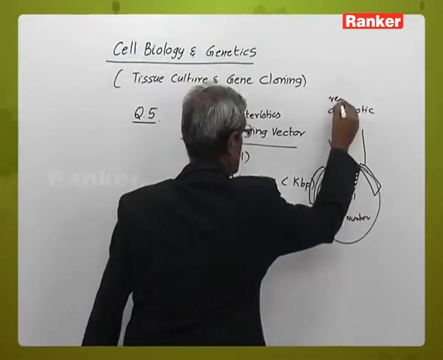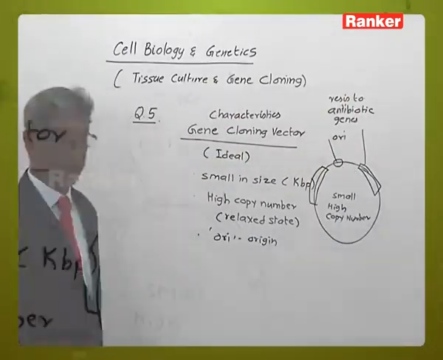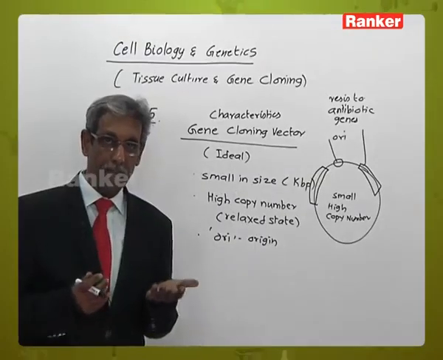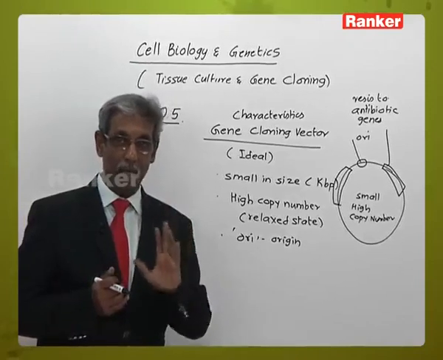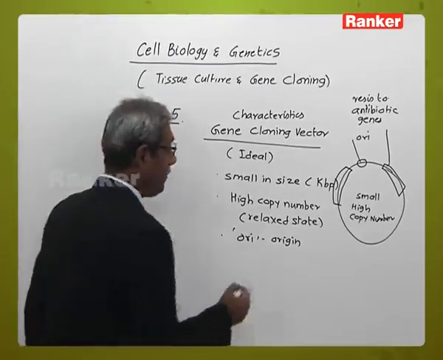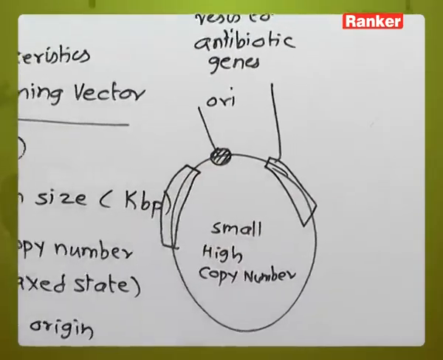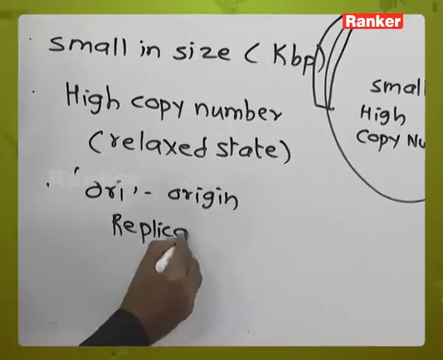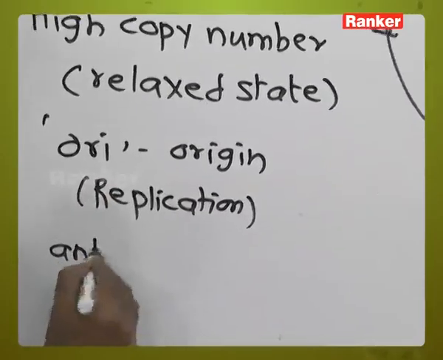That is, supposing you are taking a culture and treating it with an antibiotic, it will be antibiotic resistant, that is, protected. And a very important thing is it should have an ORI. Only when it has an ORI is it capable of replication. So, presence of antibiotic resistant genes.